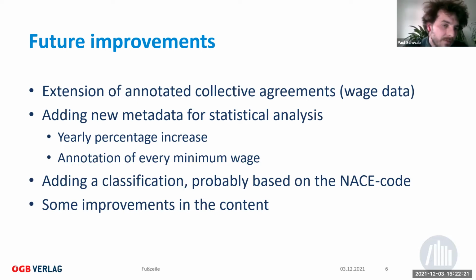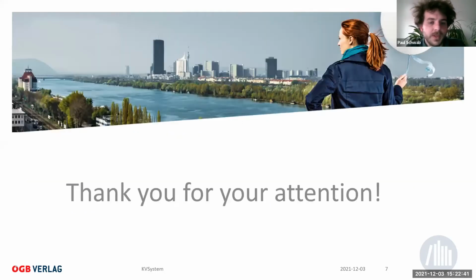And if we annotate all the collective agreements, there's also the possibility to compare the minimum wages and so on. Also, we would like to add a classification system, probably in ACE code. And then also some improvements in the content, but that's something else. Okay. So, and that was it.